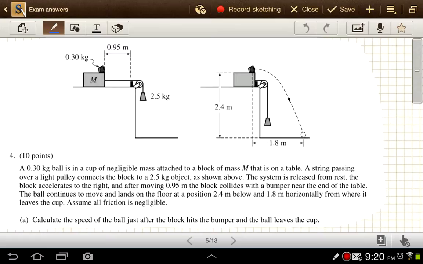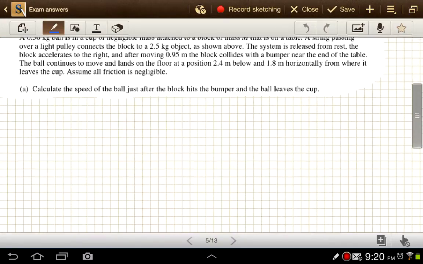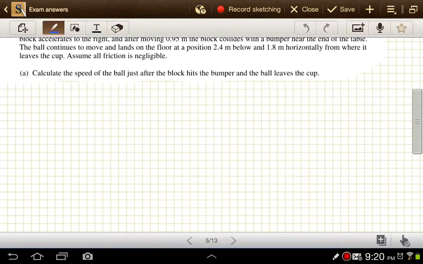So instead, let's think about this from a projectile point of view. I have the ball launched horizontally. It travels a horizontal distance of 1.8 meters. It falls 2.4 meters. How fast is it going to leave the cup to land at that position? So always a good idea here to organize your information.